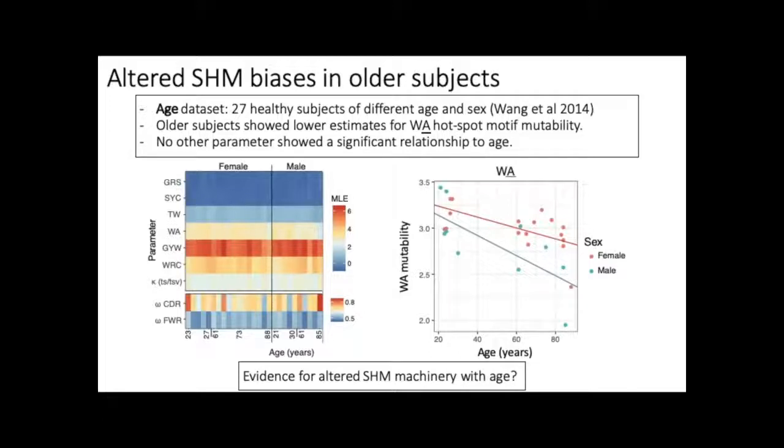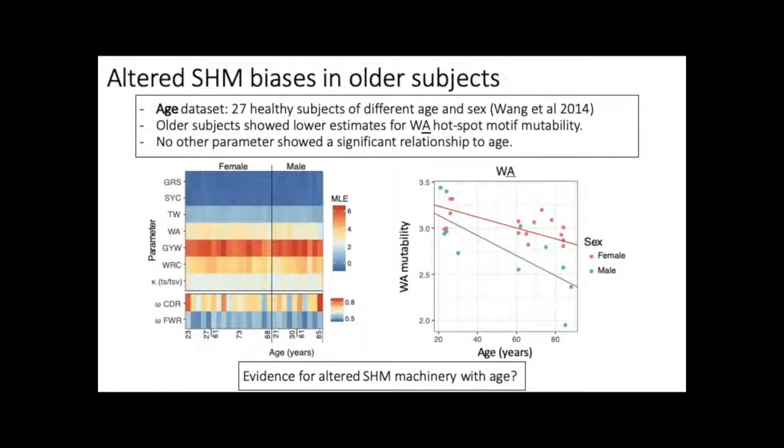So what can we do with this? One application we found is to take a data set of 27 healthy individuals of varying age and sex and estimate phylogenetic substitution model parameters for each of them. For this figure, each row represents a parameter and each column is an individual. We can see that broadly within each of these individuals, there is a similar hierarchy of SHM hotspot motifs.